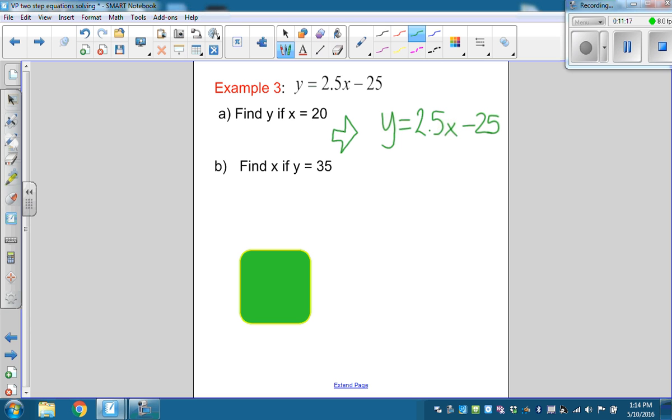I'm going to let x be 20. So y equals 2.5 times 20 minus 25. So I have to multiply 2.5 times 20. So 2 times 2.5 is 5. So 20 times 2.5 is 50.